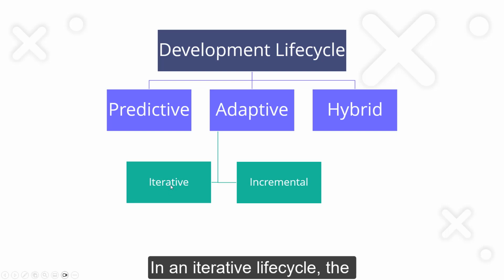In an iterative lifecycle, the project is divided into smaller parts or iterations, each of which goes through the entire development cycle. For example, planning, requirements, design, implementation, testing, deployment, every time. Scrum is an example of iterative methodology in which we have short intervals in which full cycles happen. For example, 4 to 6 week cycles.